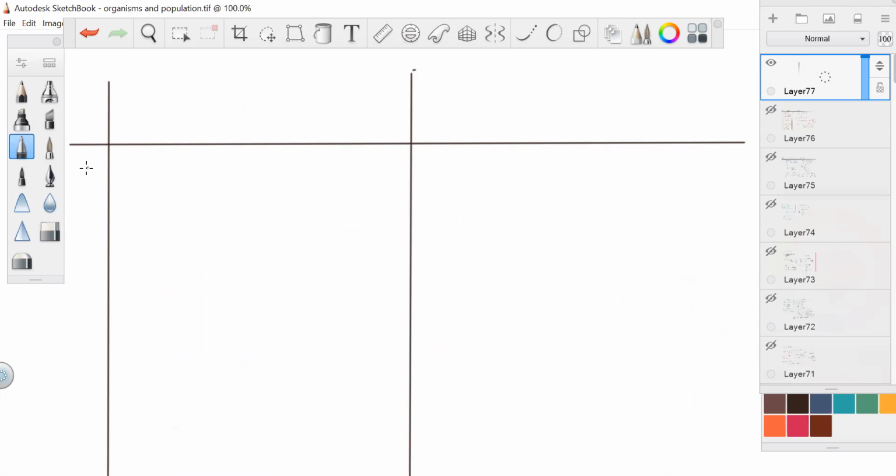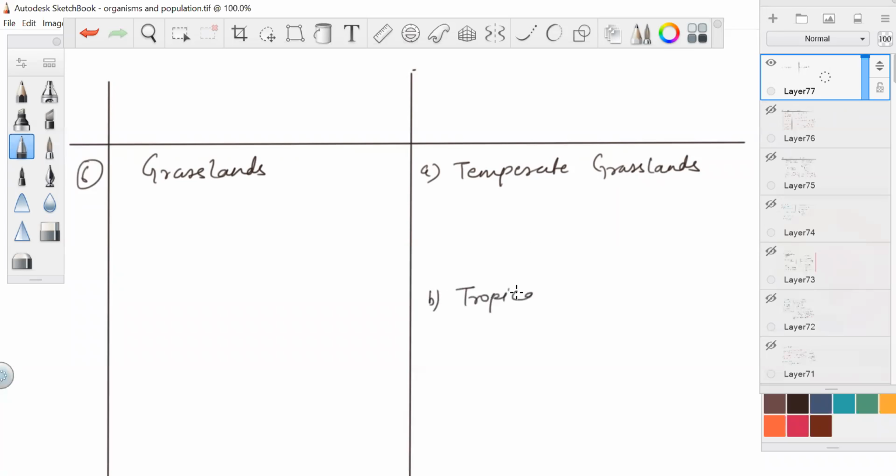So this is the sixth, grasslands. Here also two types: A, temperate grasslands, and B, tropical savanna grassland.